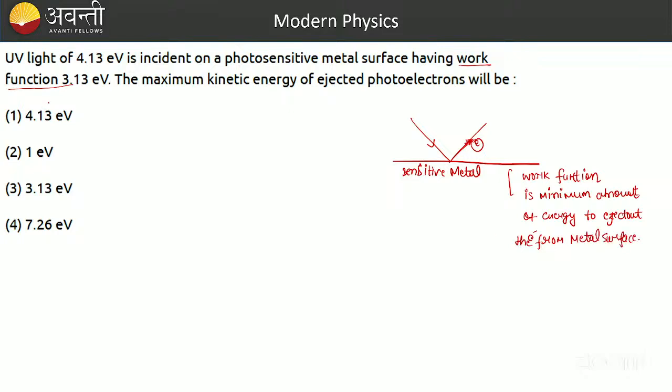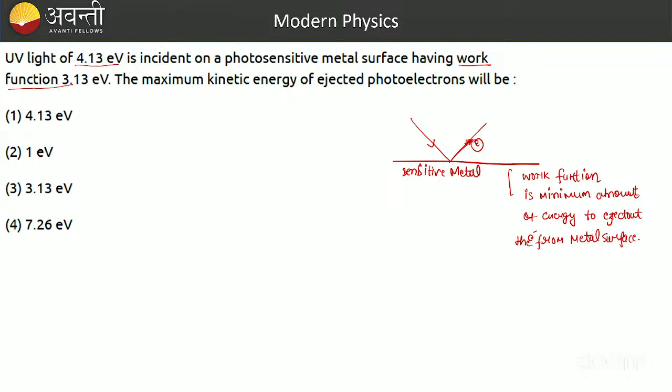Now we know that here the work function is given as 3.13, which means at least that much energy we should have. But the light that is falling on the surface has 4.13 electron volt of energy, which means it is exceeding the work function of the metal.